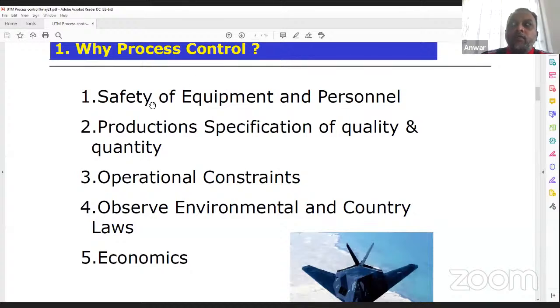We have learned over many decades that there have been a lot of major industrial accidents that happened due to a lack of safe operation and design.